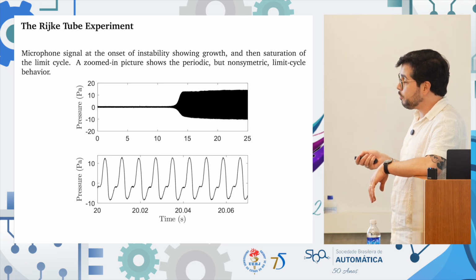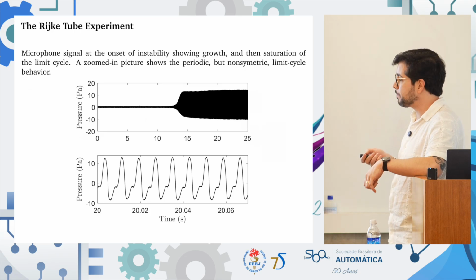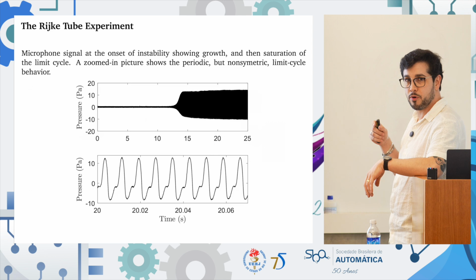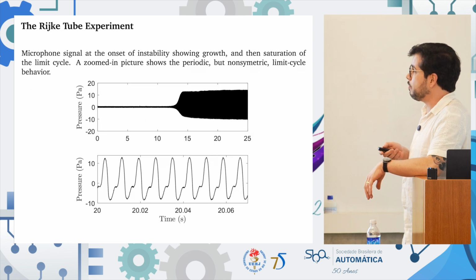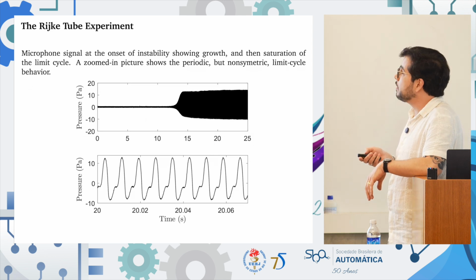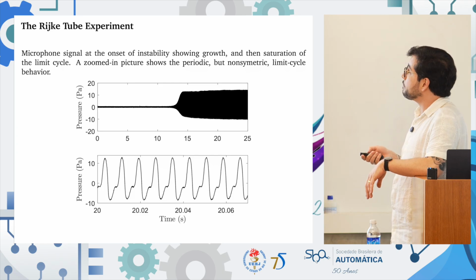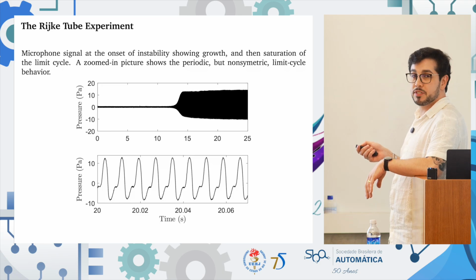And due to the frequency of this oscillation, we can hear this instability because the pressure oscillates at an audible frequency. So it's interesting to see in practice how it works. We want to mitigate this kind of behavior using feedback.